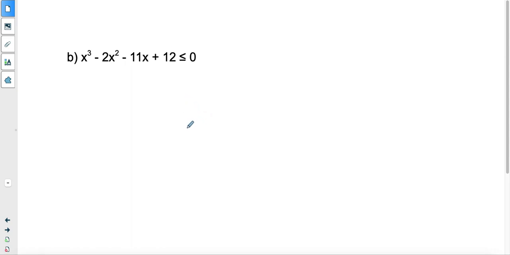Now remember, to factor a polynomial, I'm going to need to find a zero first. To help us find the zeros, I can identify factors of my constant term here. My factors of my constant term are these.